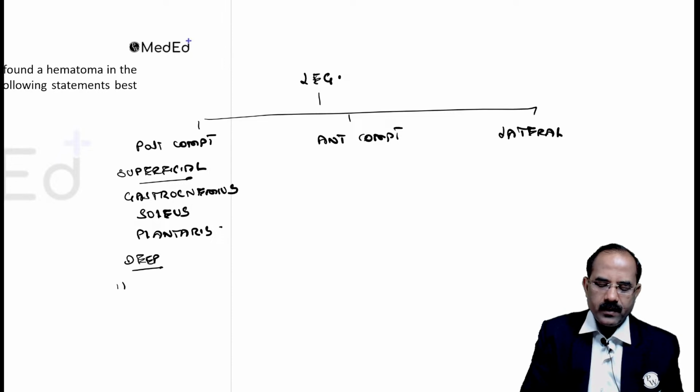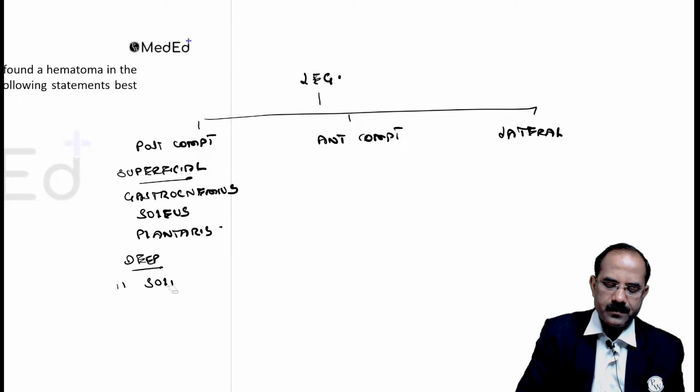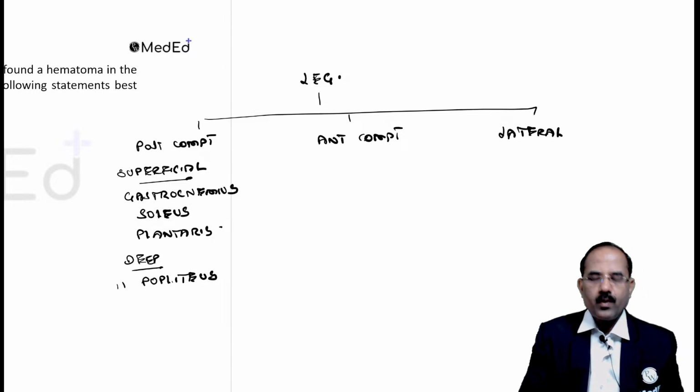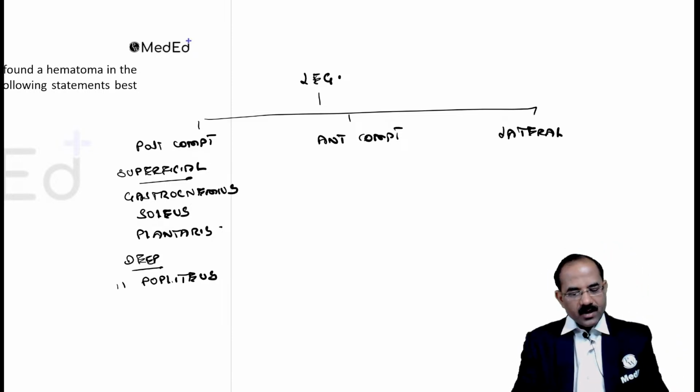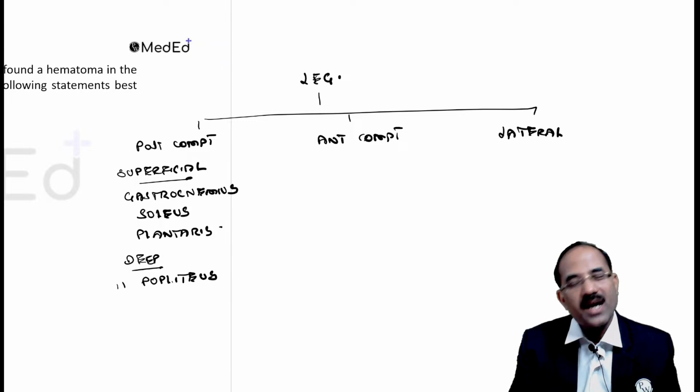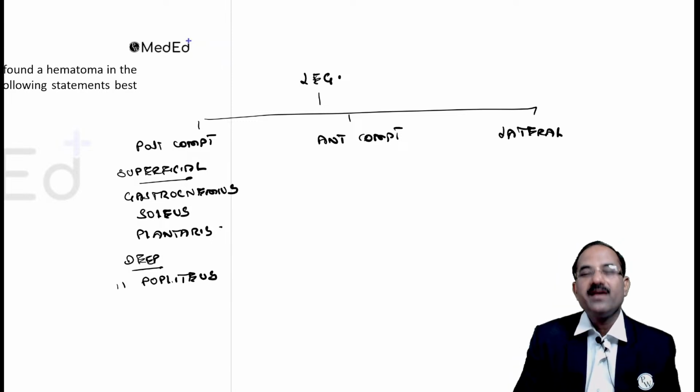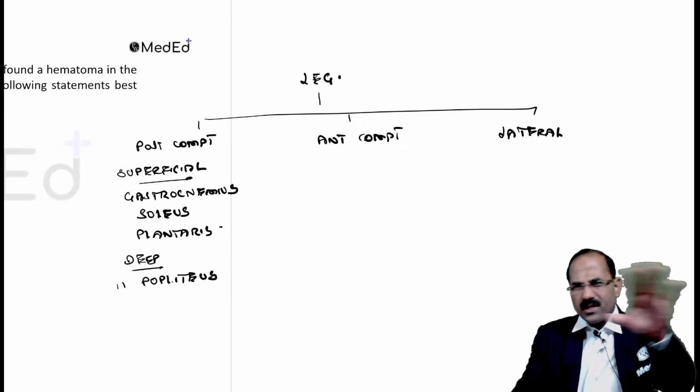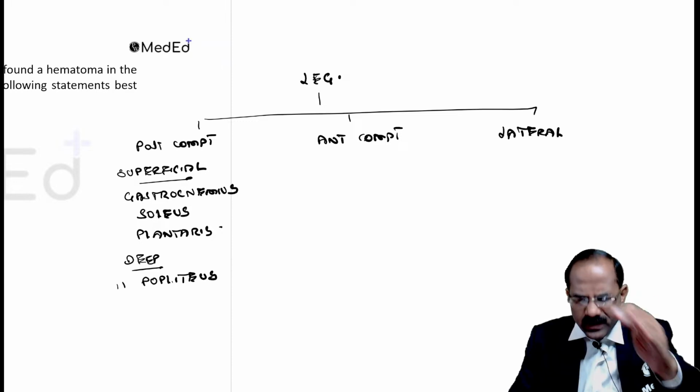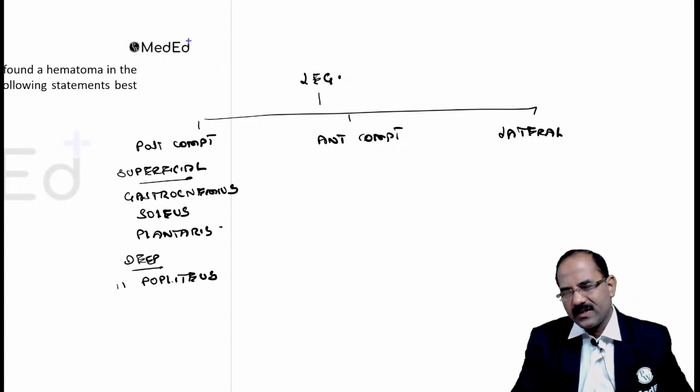Deep muscles, one is soleus. I'm so sorry. One is popliteus. What is the action of popliteus? Students, what is the action of popliteus? Unlocking of the knee joint. Unlocking. And who's a locker? Plenty of things get cleared with a single MCQ.